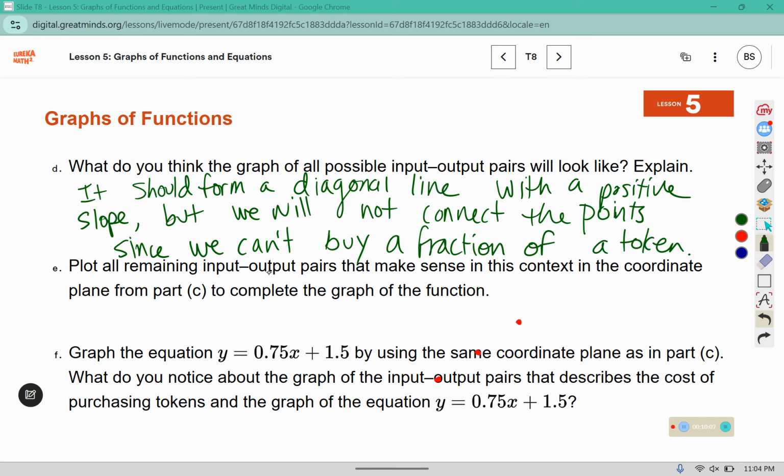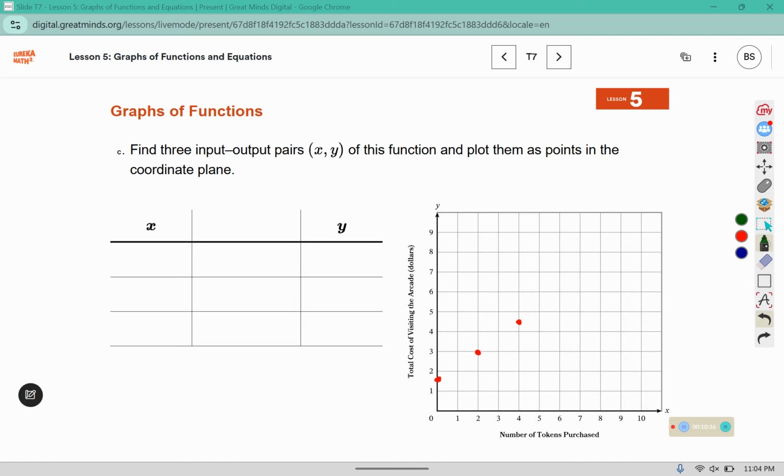Plot all remaining input-output pairs that make sense in this context in the coordinate plane from part C to complete the graph of the function. So we can graph what would happen at 1, $1.50 plus 75 cents for one token would be $2.25.